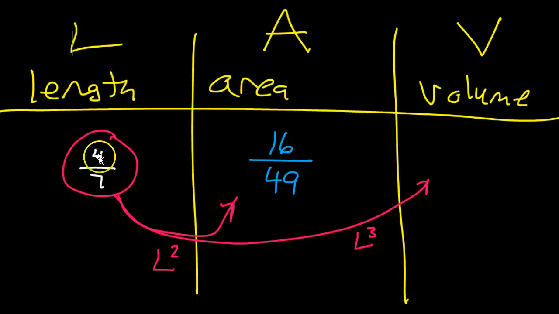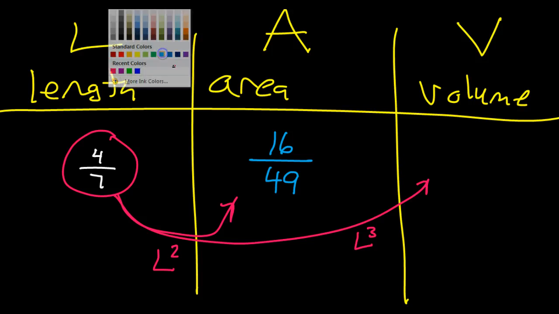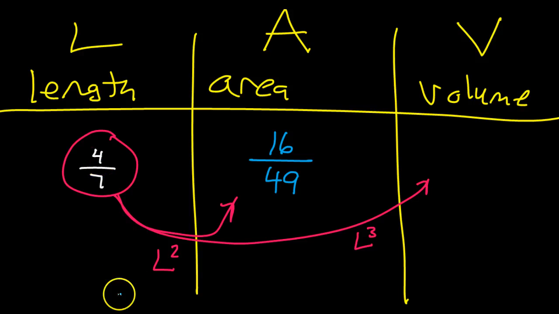So now that we know the scale factor, the length ratio, is 4 to 7, to find the volume ratio we have to cube this. So 4 to the third power and 7 to the third power.